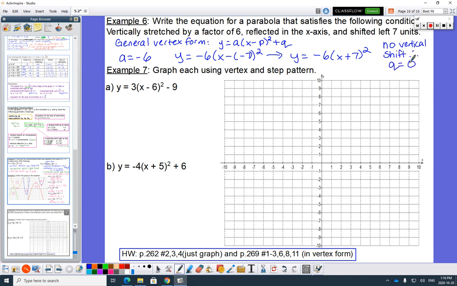So you can either go back to the original vertex where the Q is 0 and there's no vertical shift, so it still stays 0. Or if you look here, it doesn't describe any vertical shifts, so we don't put anything. Yes, like this. So then when you plug in negative 7, it becomes positive.